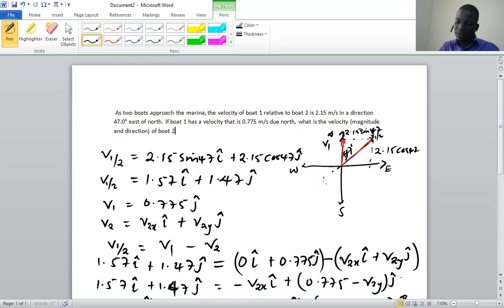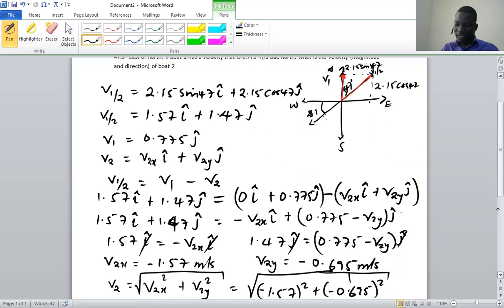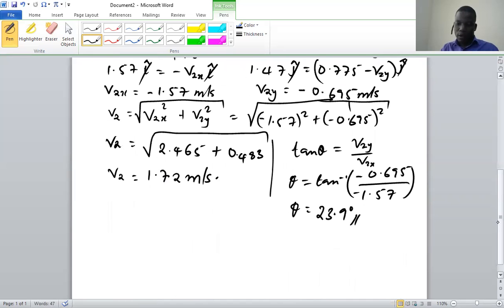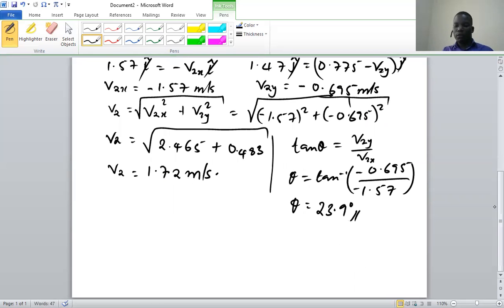So boat 2 is moving in that direction, 23.9 degrees south of west. It's moving at a speed of 1.72 meters per second, 23.9 degrees south of west.